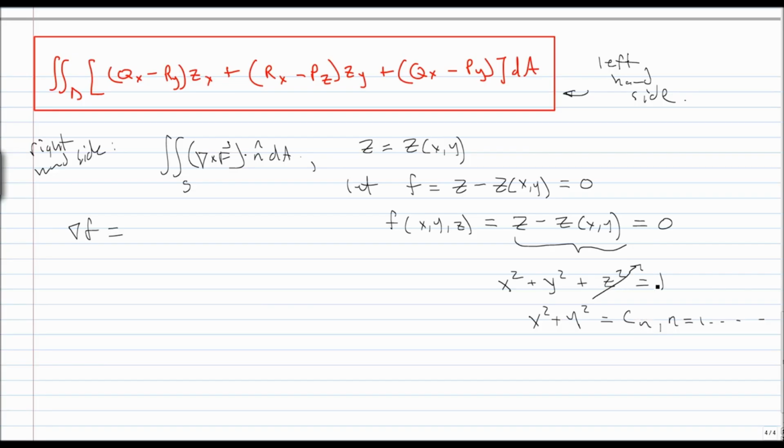I plug in values for z, and then subtract both sides by z squared or whatever, and that's what this is over here. So you would end up having a bunch of circles in the xy plane, and those are level curves, and each of those level curves is when z takes on different values.